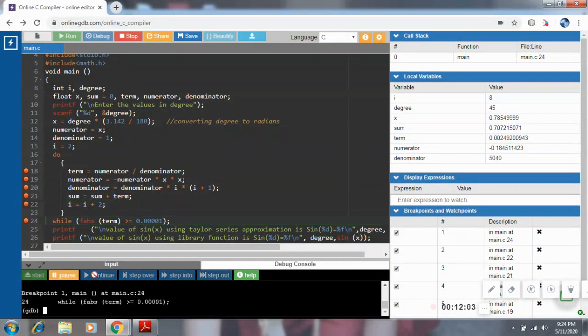Then for i value 8, we're doing it. The body of the loop will be executed until the absolute value of the term becomes less than 0.00001.